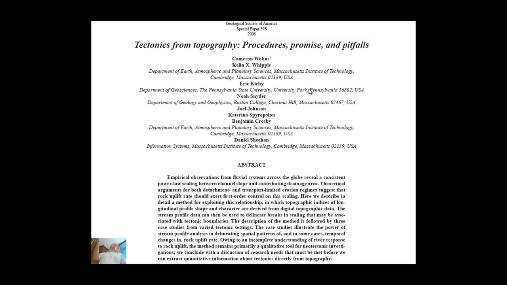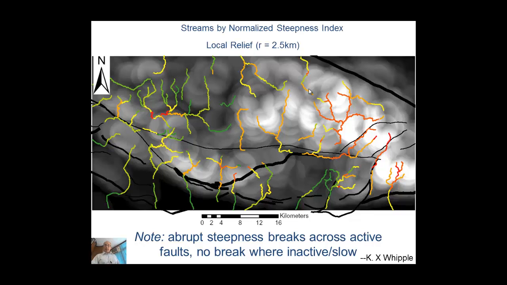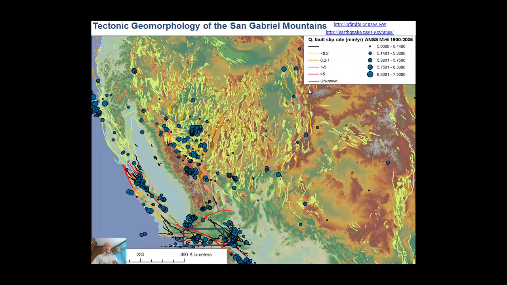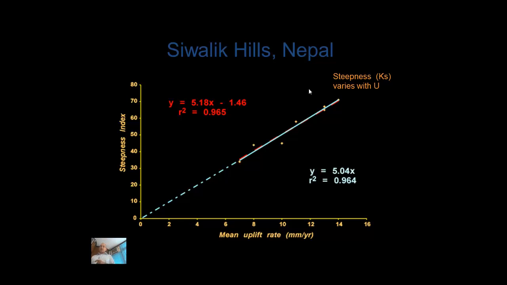It's like a book from the Geological Society of America. The one thing that these guys, Kirby and Whipple, showed here was that this is all the same rock type. In the fold, it's the sedimentary units, sandstone. Because the KSN will also vary with lithology.